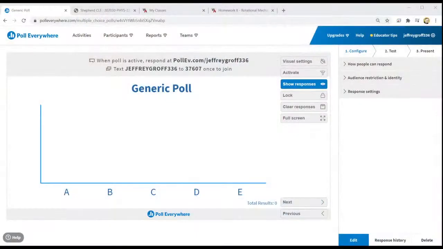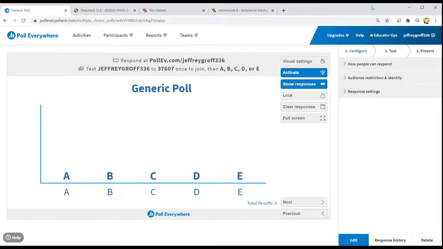All right, gang, let's do some concept questions now. Do you remember how to do this? So here's my poll on Poll Everywhere. pollev.com/JeffreyGroff336 or text JeffreyGroff336 to 37607 to join the poll, which is now active.